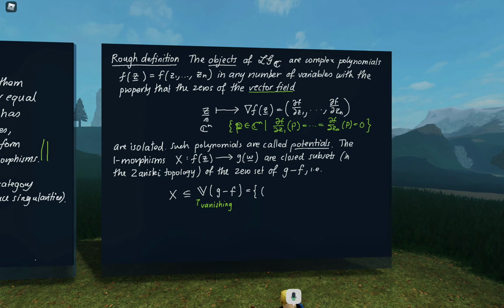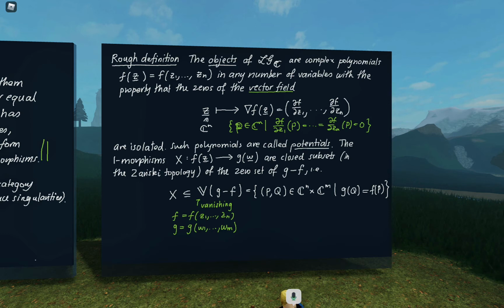So if we suppose that F had n variables and G had m variables, then to feed a point into both F and G, I need m plus n complex numbers, let's say P, Q. So the vanishing locus are all pairs P, Q such that G of Q minus F of P is 0. So those are equal.